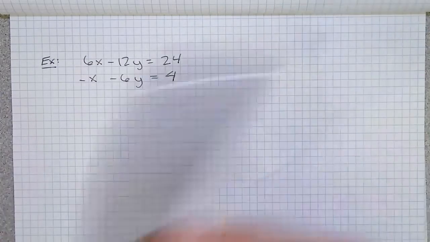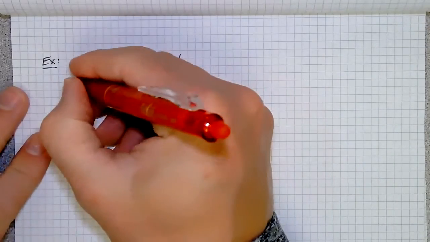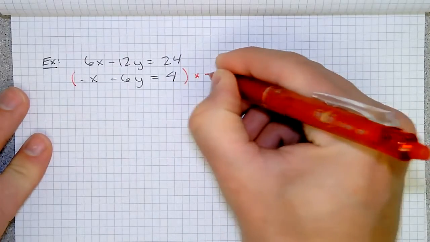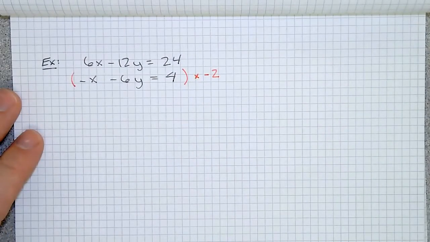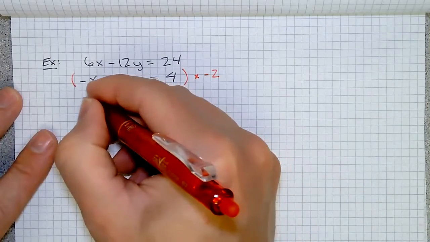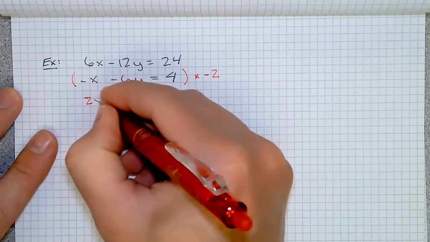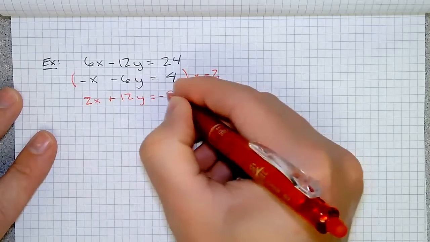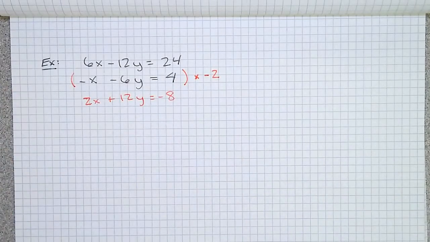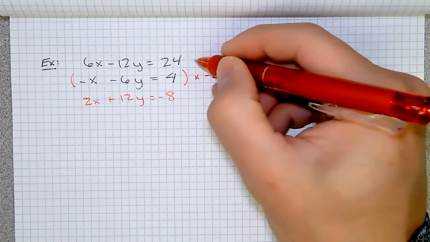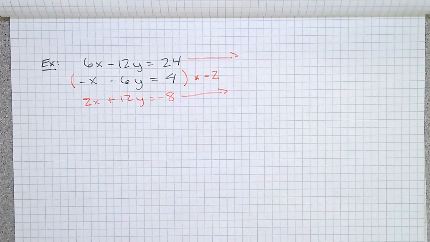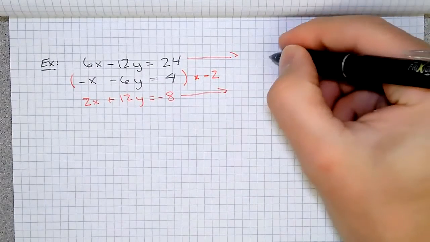I'm going to do the y's just for fun, so I'm multiplying that one by negative 2. I get 2x plus 12y equals negative 8. Those are my two equations now.